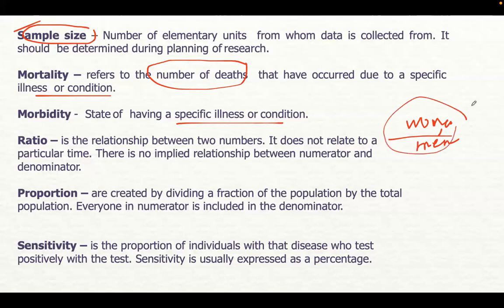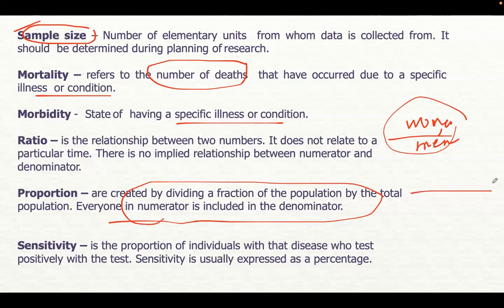Whereas for your proportion, proportions are created by dividing a fraction of the population by the total population. Everyone in numerator is included in the denominator. So, ang difference naman po nito, si proportion, ito yung pinagawa ko sa inyo last meeting na kung saan meron tayong numerator and denominator. Si numerator is part of the denominator. Parang ganon. So ito yung dito na pumapasok yung mga example nung prostate positive patients, parang men who have prostate cancer versus yung denominator natin na men lang.